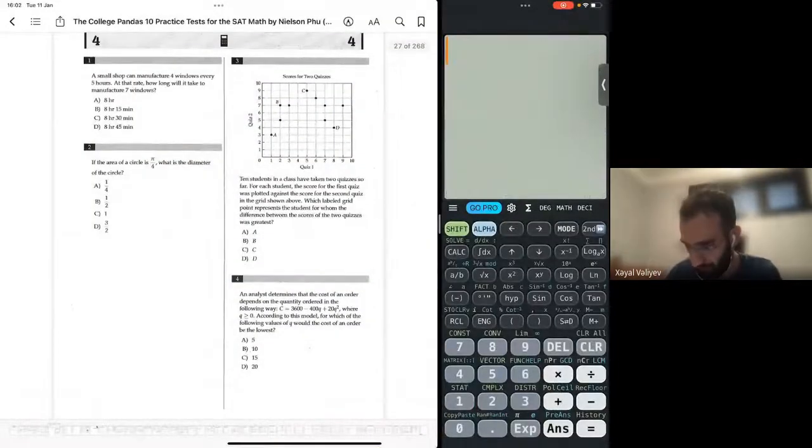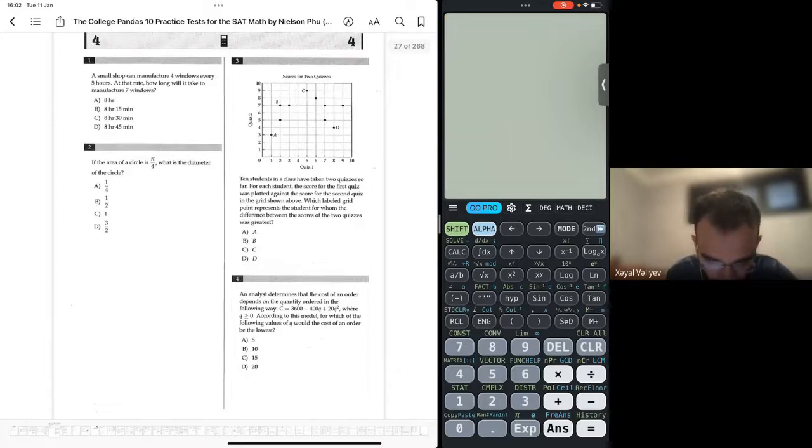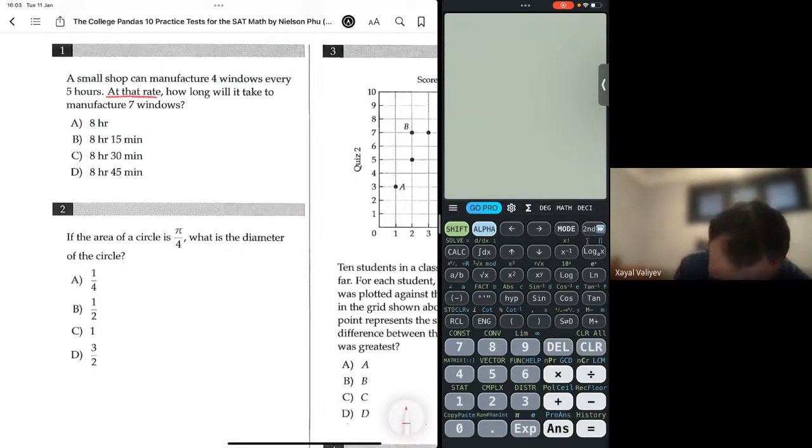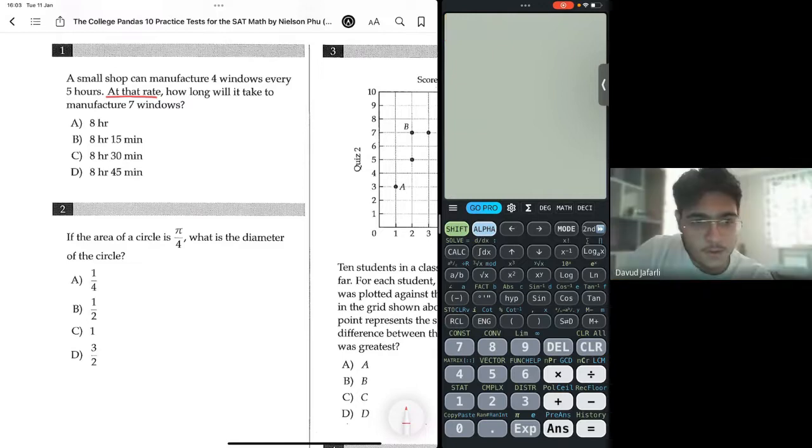A small shop can manufacture 4 windows every 5 hours. At that rate, that's the crucial information. How long will it take to manufacture 7 windows? How many hours do they need to manufacture 7 windows?